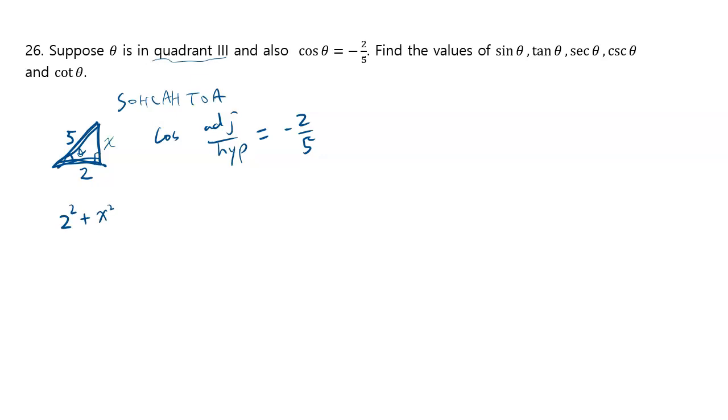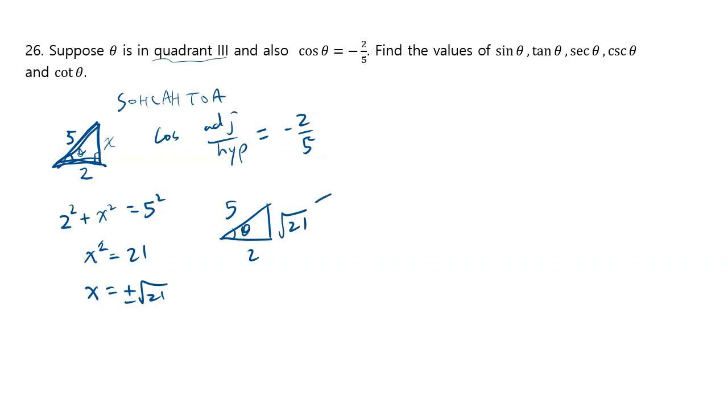2 squared plus x squared is equal to 5 squared. So x squared is 25 minus 4 is 21. So we get x equals plus or minus square root of 21. Just take the positive one. So we have the following picture. 2, 5, square root of 21. And here's the angle theta.